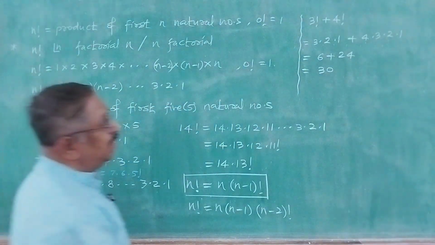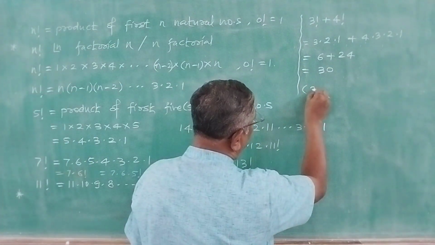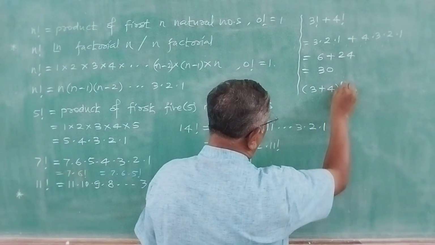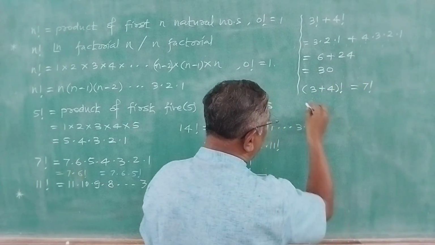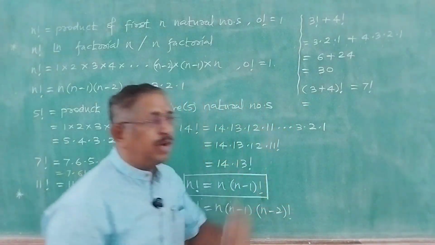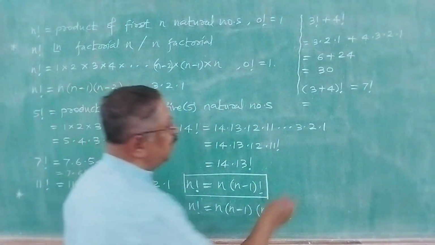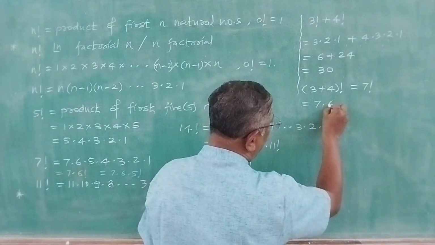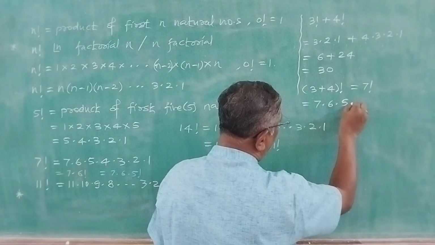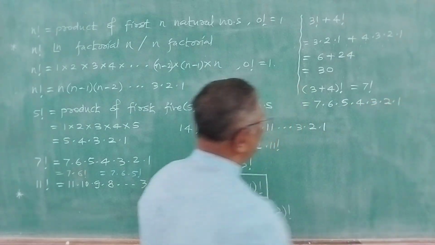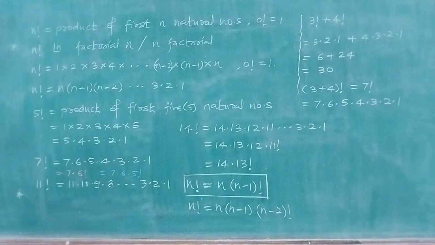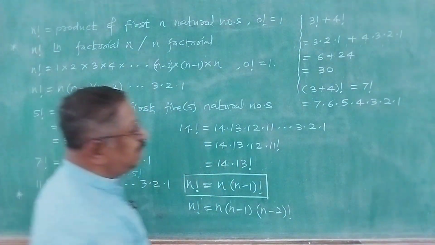Now, let us check (3 plus 4) factorial. Is it definitely equal to 7 factorial? And 7 factorial means the product of the first 7 natural numbers, so it will be 7 into 6 into 5 into 4 into 3 into 2 into 1. How much does it come out to be?